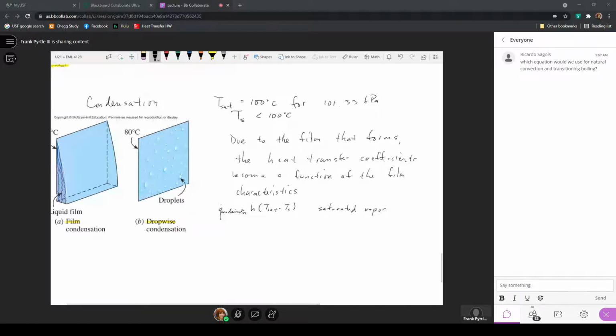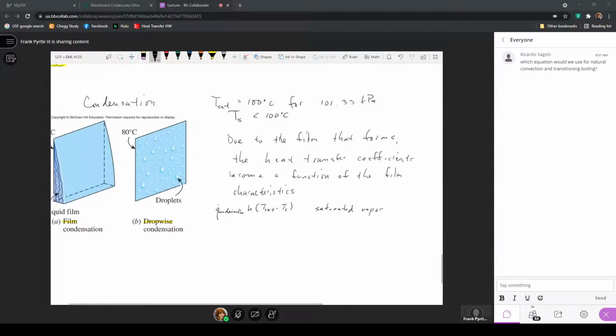Now, what happens if we have, instead of saturated vapor, slightly superheated vapor? For superheated vapor, this heat flux by condensation is still defined the same way, except that the temperature difference now would just be the temperature of the vapor, T sub V, minus T s. If it's saturated vapor, it just means that we only have to remove enough energy from the vapor to get it to become a liquid based on the latent heat of vaporization, because recall that the latent heat of vaporization, h fg, is just h g minus h f.